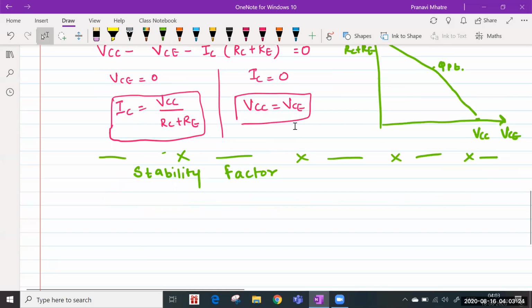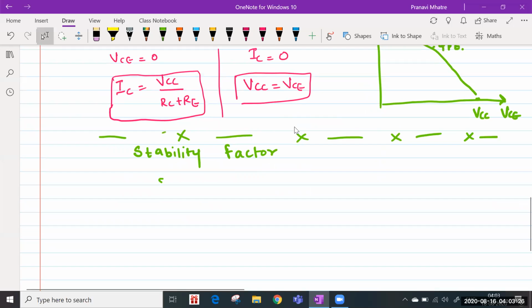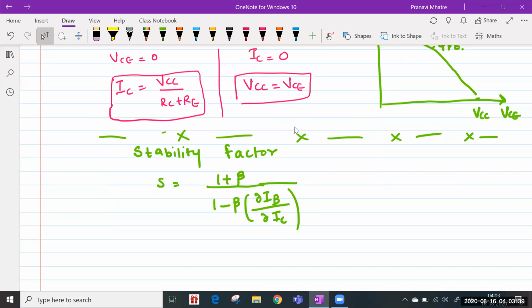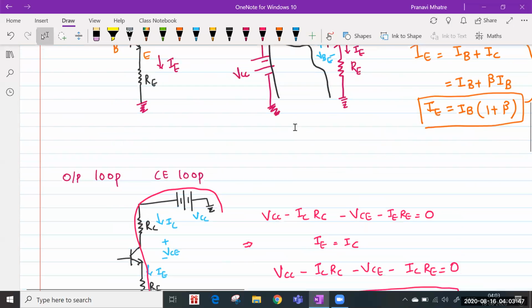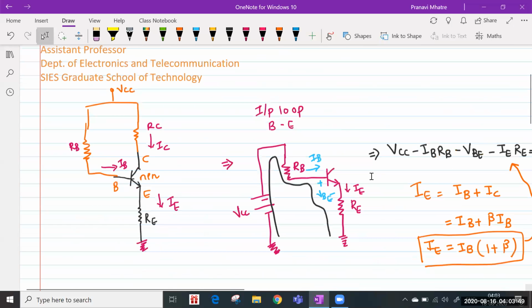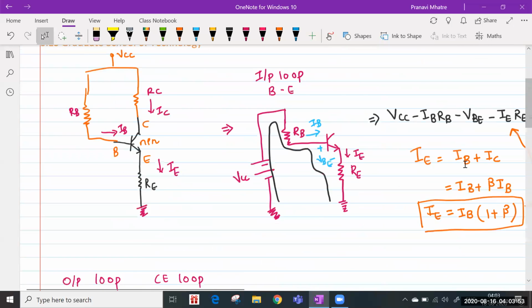which is defined as S is equal to 1 plus beta upon 1 minus beta into dou IB by dou IC. So when I need this dou IB by dou IC, I need to focus on my input loop. So here my input loop is this: VCC minus IBRB minus VBE minus IERE is equal to 0.